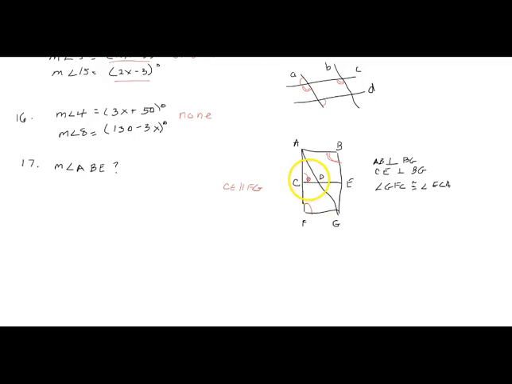We have angle C, which is created by the perpendicular of CE and BG. That means that this angle right here is 90 degrees. That means that this angle would also be 90 degrees. And if BG is perpendicular to AB, this angle would also be 90 degrees.